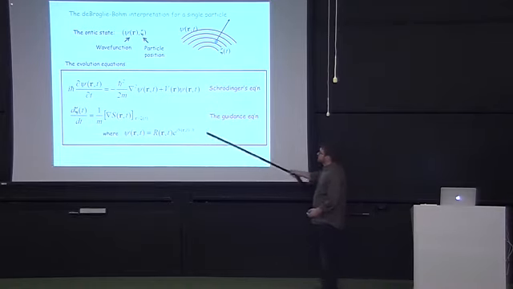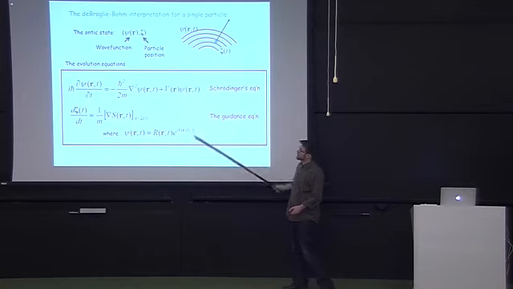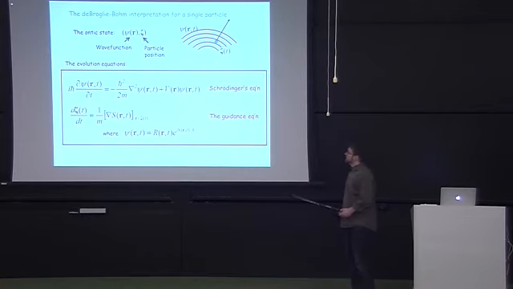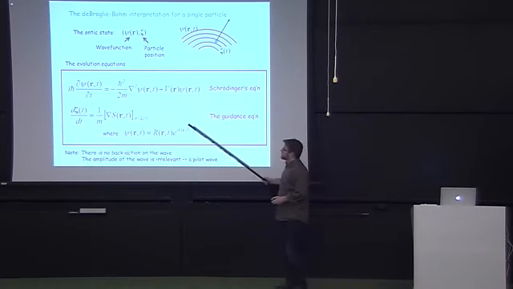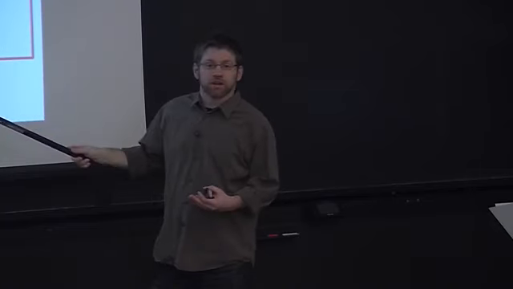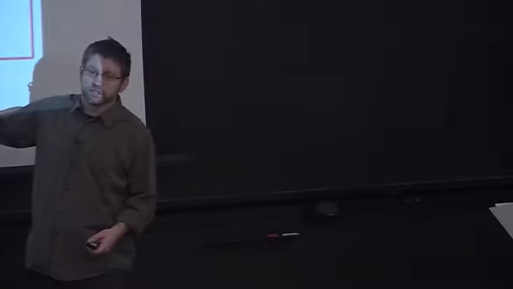This equation, incidentally, is often called the guidance equation. That's how I'm going to refer to it. So that's the basic idea. A couple of things to note about these. Although it looks like a wave interacting with a particle, and that sort of thing appears elsewhere in physics, there's an important difference here, which is that although the particular state of the wave function does influence how the particle moves through the guidance equation, you'll notice that the actual Bohmian position of the particle does not influence the wave function at all.